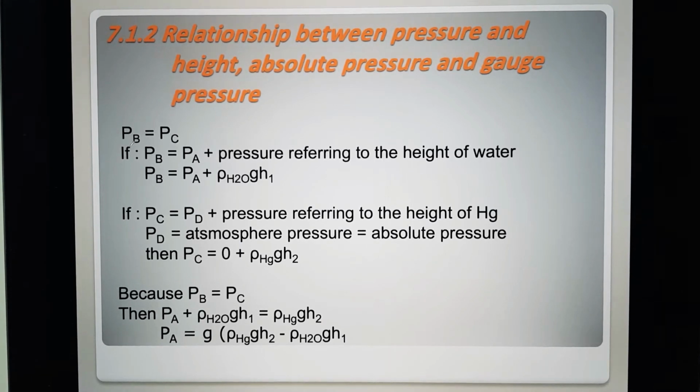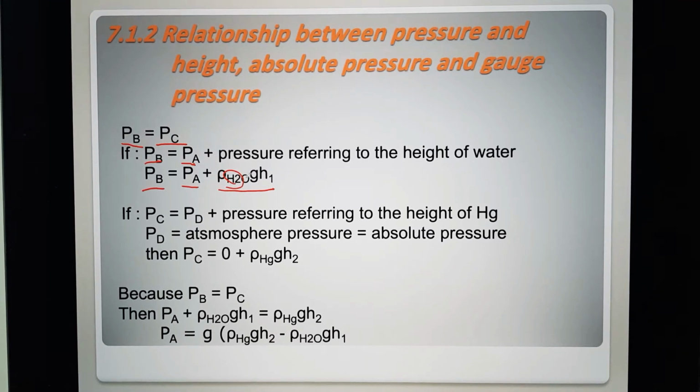Basically, pressure at B is equivalent to pressure at C. Then pressure at B is equal to the pressure at A plus the pressure due to the height of water, so PB is equivalent to PA plus H rho G for H2O.